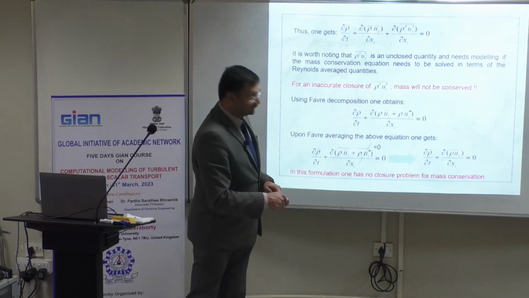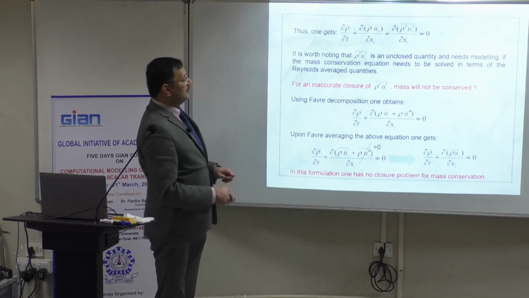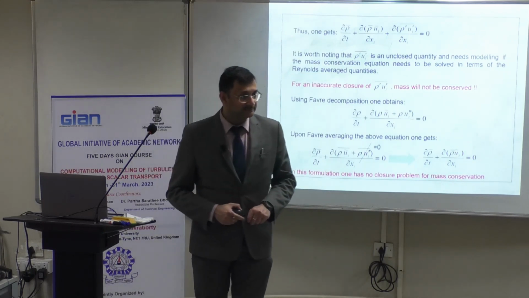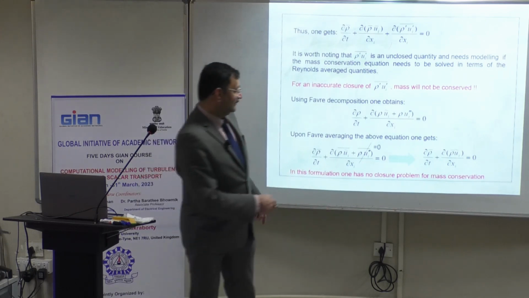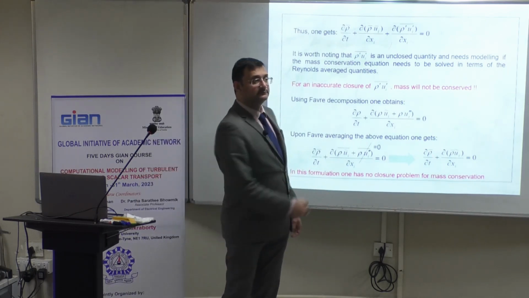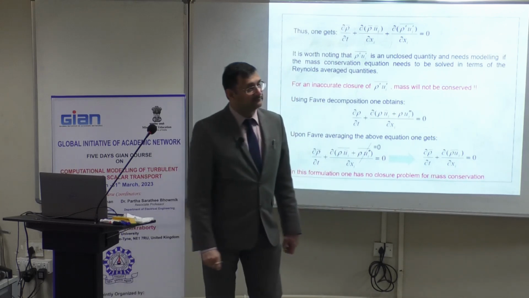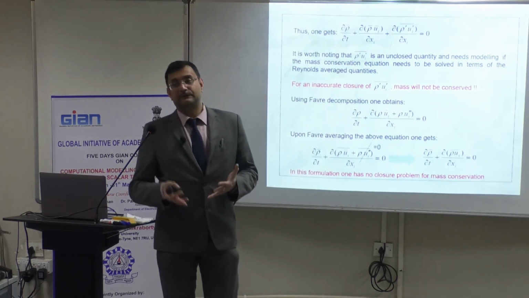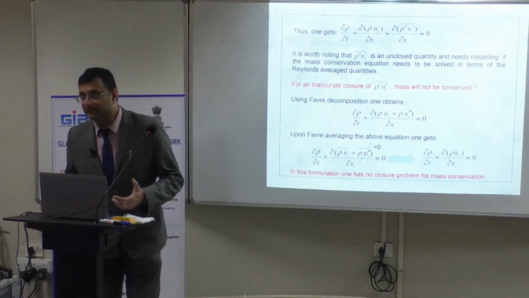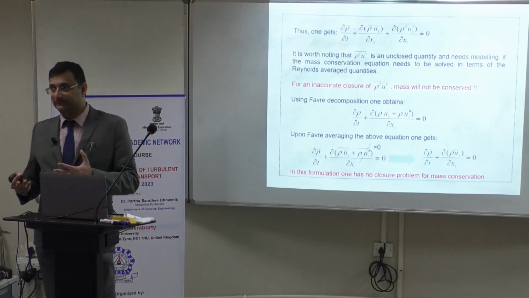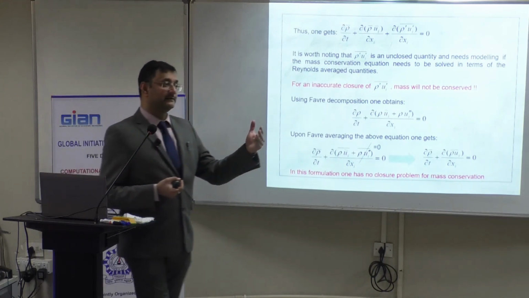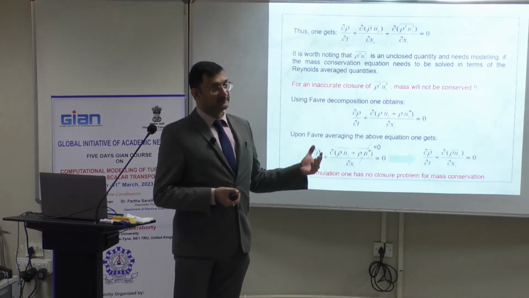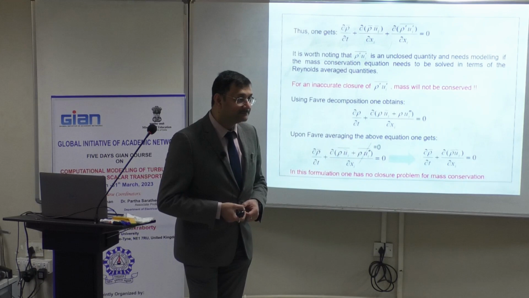Couple of things to note. If I am solving for Favre averaged velocities, and if I am getting mean density, this equation is absolutely fine. So that's what we do from the point of view of compressible flow, or in the case of reactive flow: solve for essentially mean density, Favre average velocities, Favre average temperature, Favre average mass fractions. Clear?